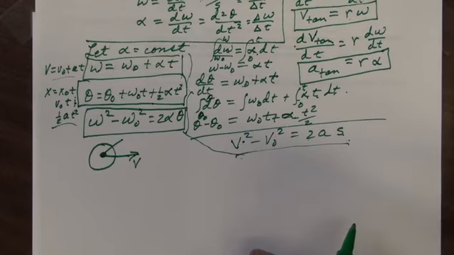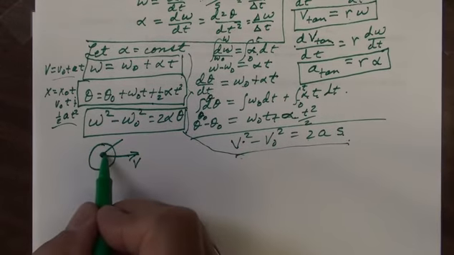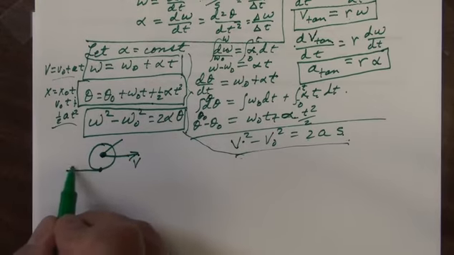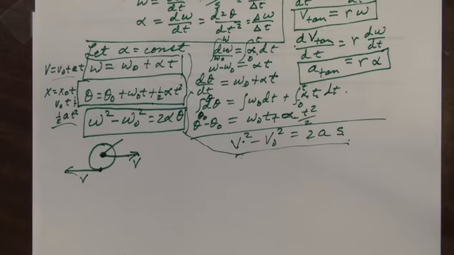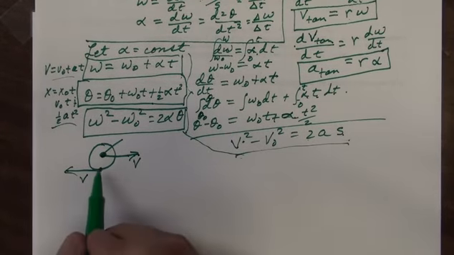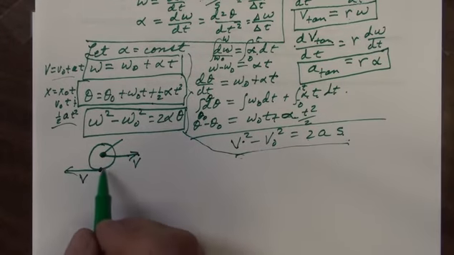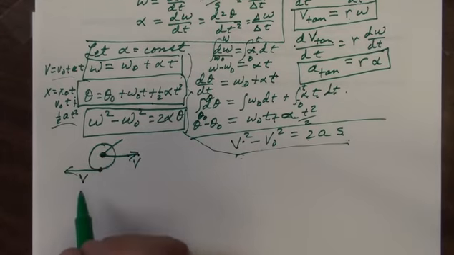Here my bicycle wheel is turning. Well, for the person sitting on the bicycle, this point is not moving with velocity v. It's the road that's traveling in the other direction with a velocity v. Since the road touches the tangent to the wheel, it follows that v is the tangential velocity of the wheel relative to the center.